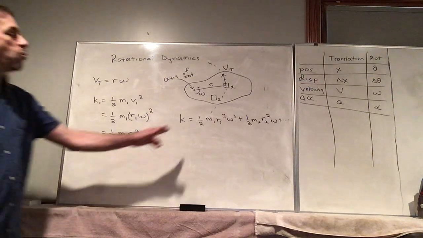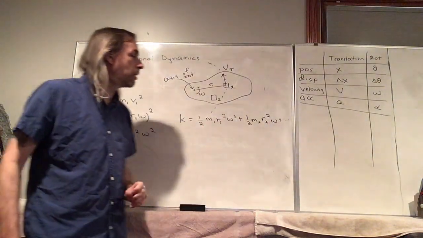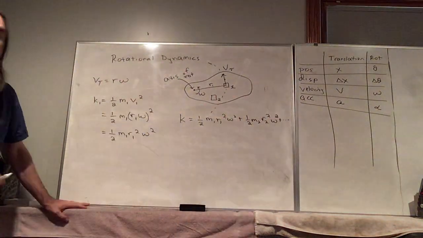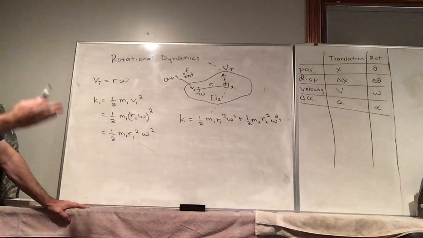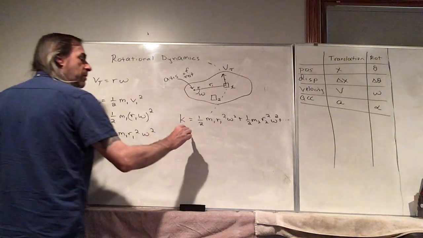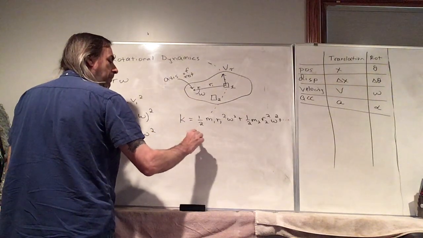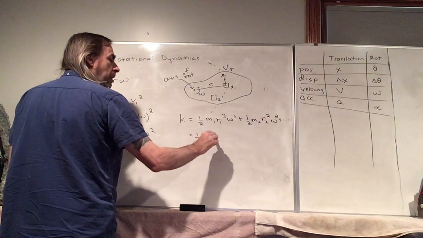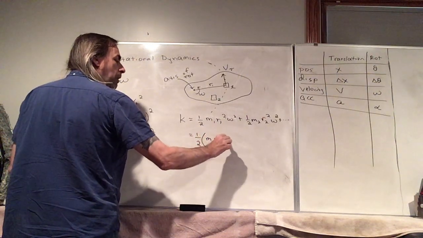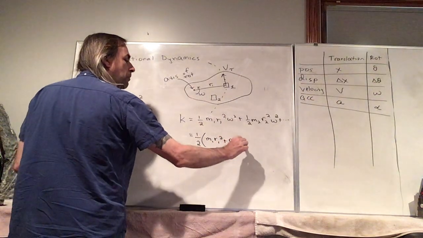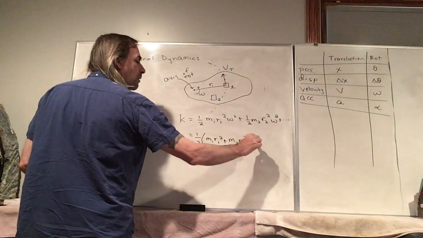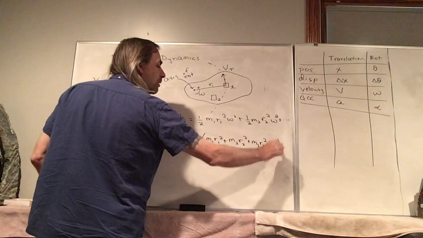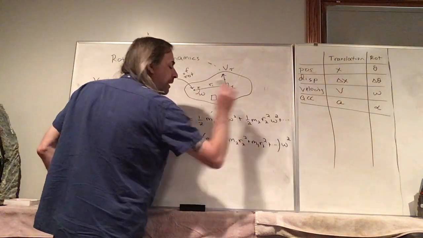We can see that this 1/2 omega squared is constant to every term, so we can factor that out. And what I'm going to do is write it like this: m1 r1 squared plus m2 r2 squared, and so on, times omega squared.